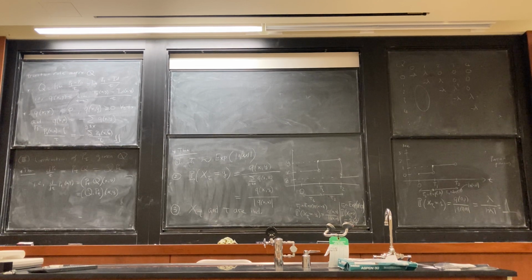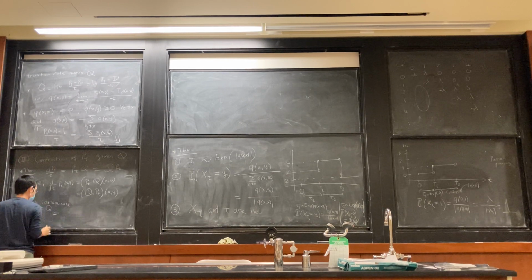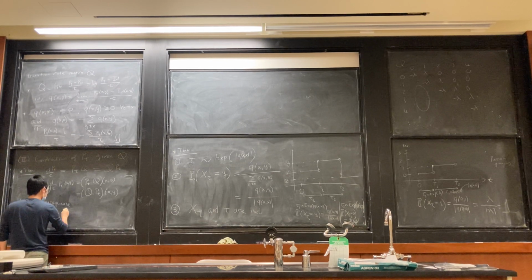And as a consequence, P_t is given in terms of e to the tQ, which is written as the summation of t to the n, Q to the n over n factorial, starting from 0.